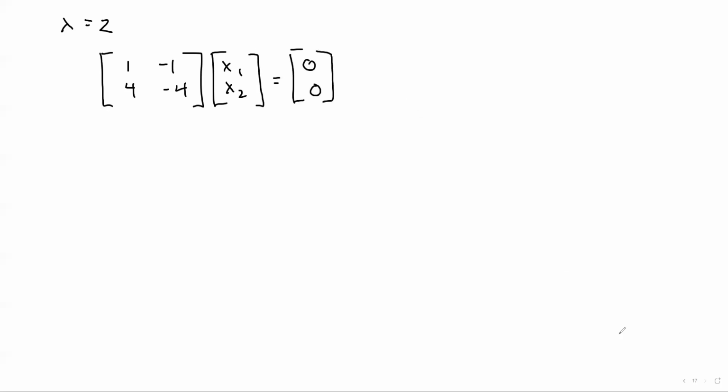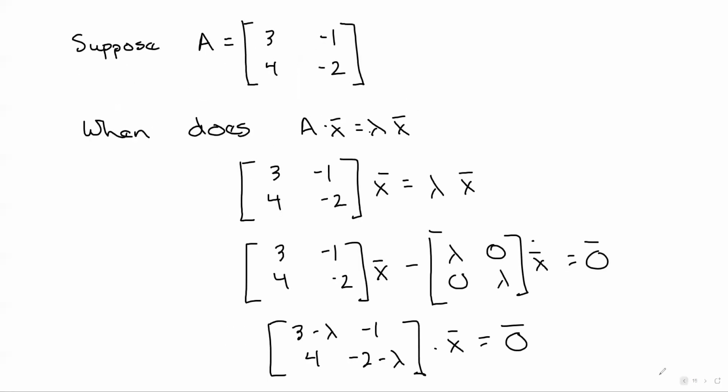Plug it in, you should get [1, -1; 4, -4] times [x1; x2] equals [0; 0]. I took this equation, plugged in the lambda, and wrote out the vectors for x and for 0.